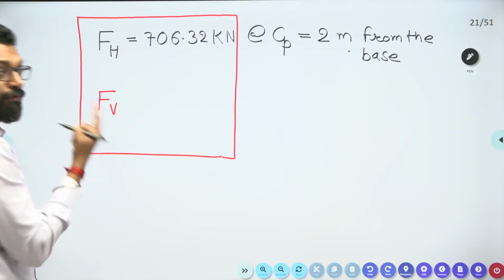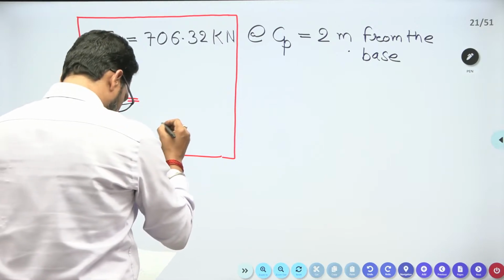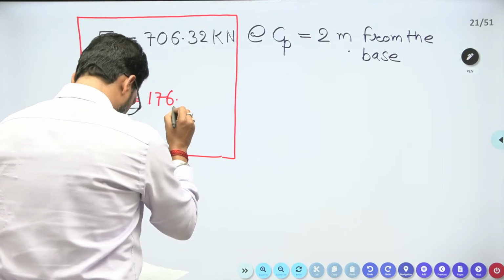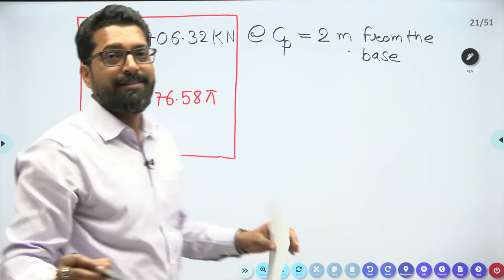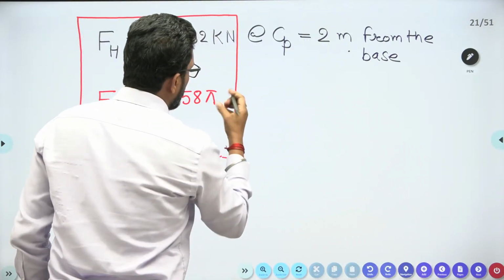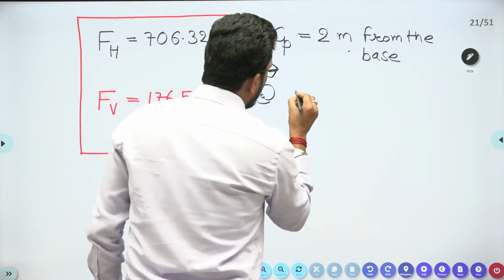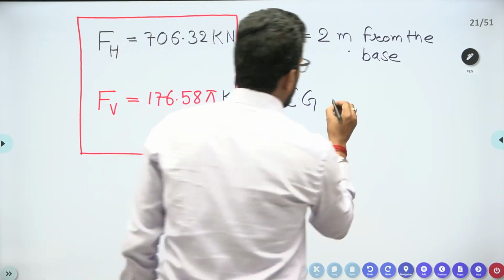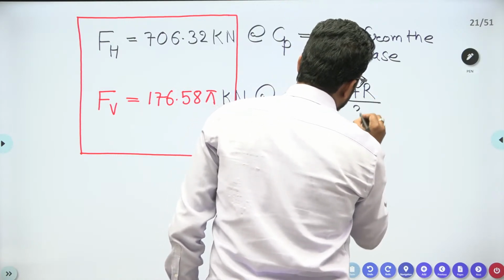Now there is FV, the net vertical force. This is 176.58 pi kilonewton, and it acts at the CG of the displaced fluid. And what is this CG? 4r by 3 pi.